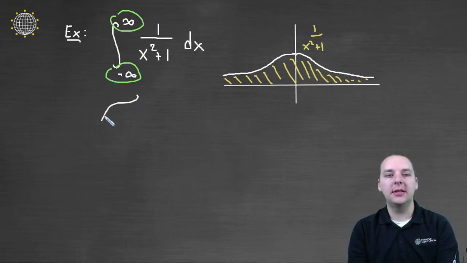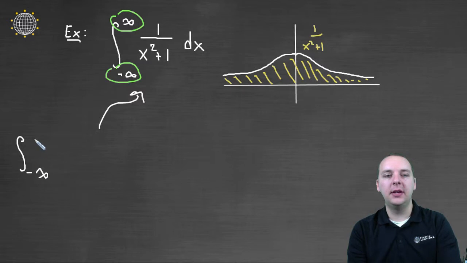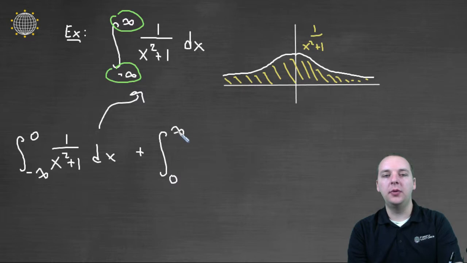You actually take this guy right here and break it apart into the integral from minus infinity up to 0 of 1 over x squared plus 1, and the integral from 0 up to infinity of 1 over x squared plus 1. And so in effect, you're breaking this up into two improper integrals.